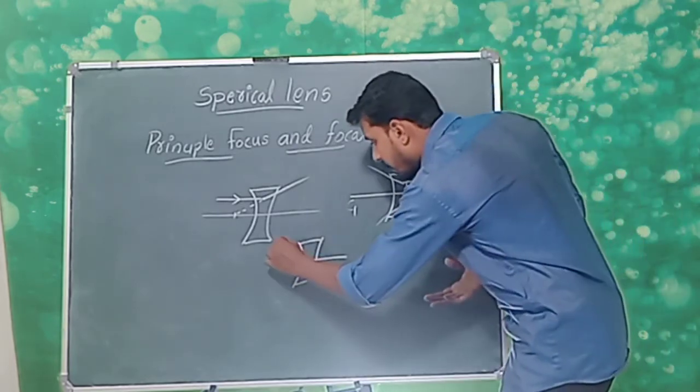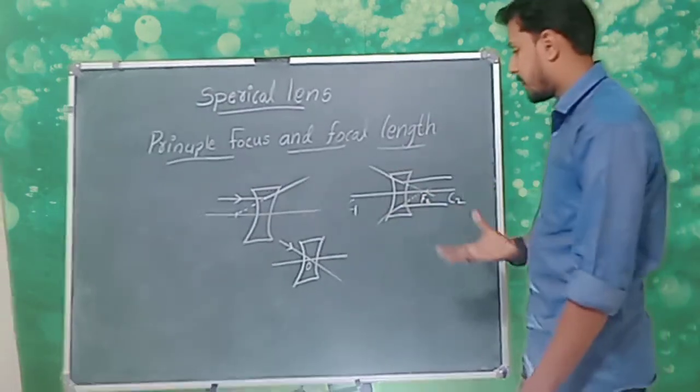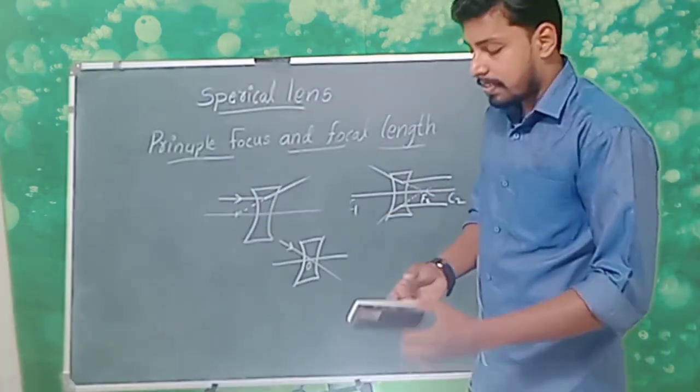What is the third rule in the case of concave lens?